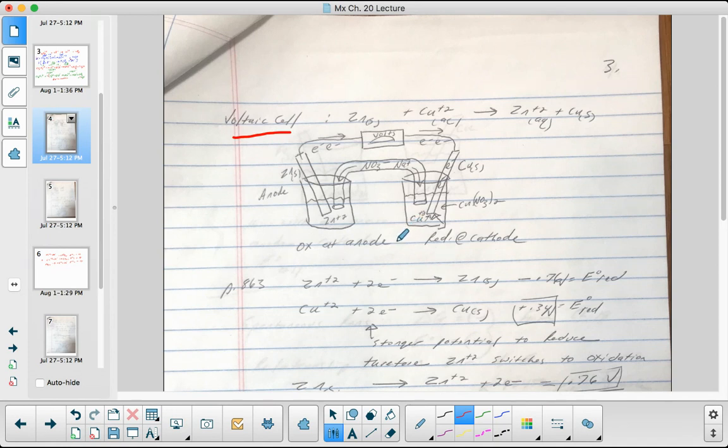So here's the way it works. You have one electrode that has a metal as the electrode, and the other electrode also a metal. When these two metals are set up in this way, the electrons will spontaneously flow from the zinc to the copper, and we're going to look at why that happens.